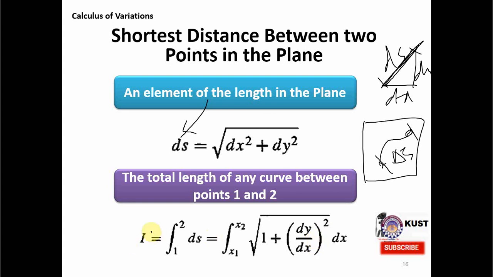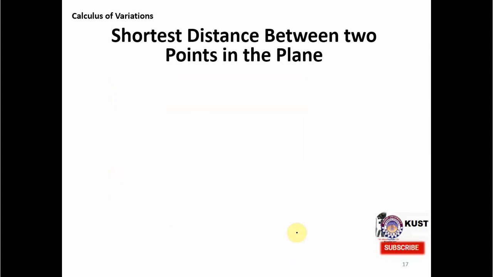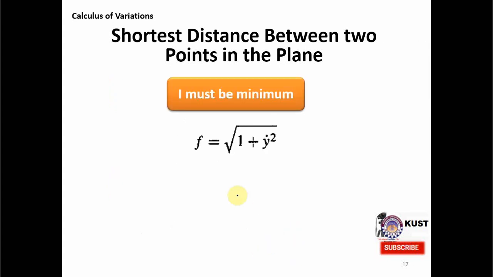So you can see this I actually corresponds to the integral J, and this is a function of y dot only, and y is not here in this case. So in this case we don't have a y, so it's a little simpler.